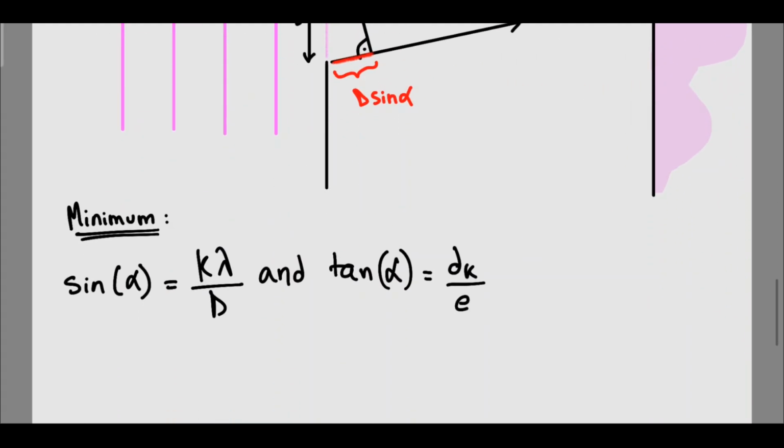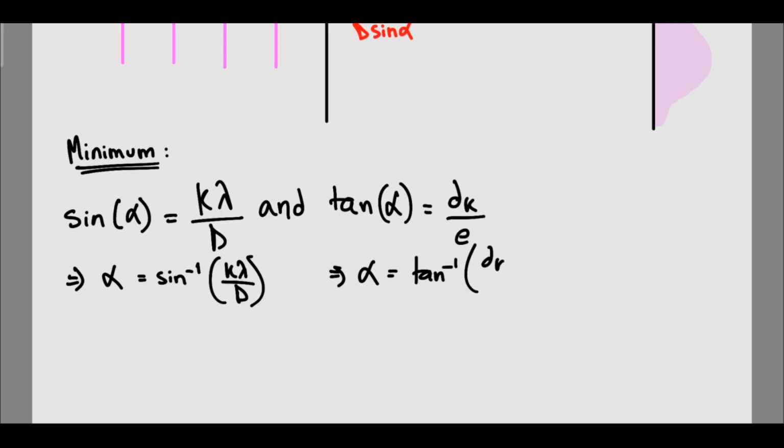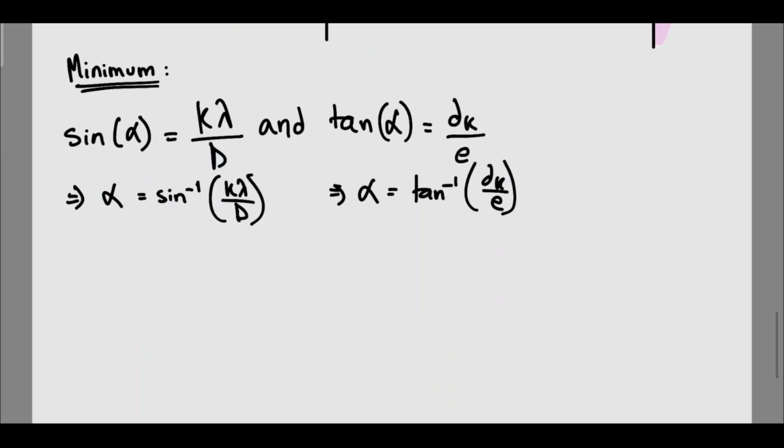So we have this. And now from the sine, we can write alpha is equal to sine inverse of k lambda divided by d. Or we can also write, coming from the tan, alpha is equal to tan inverse of dk divided by e. In either case, we can put one of these alphas in the other equation and get a very nice equation.